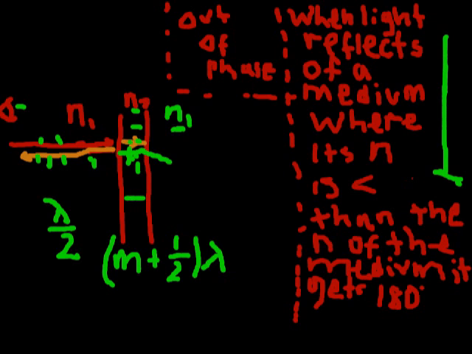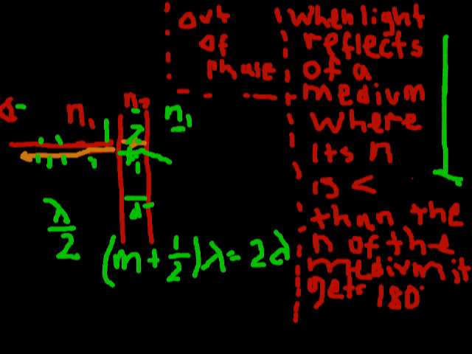If this film has a thickness, let's say d, the path length difference equals 2d, because the incoming light from this ray travels 2 times the distance, 2 times the thickness, so its path length difference equals 2d.